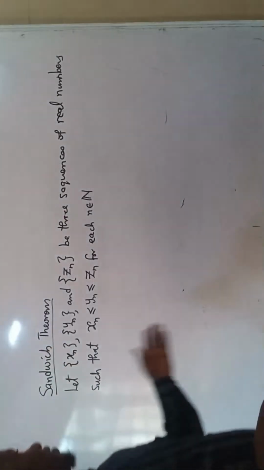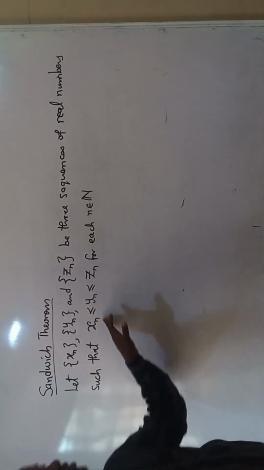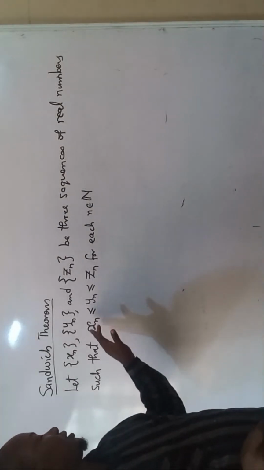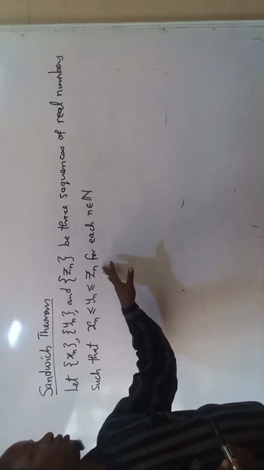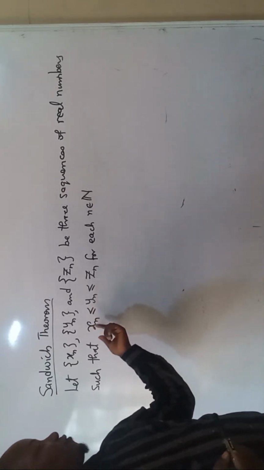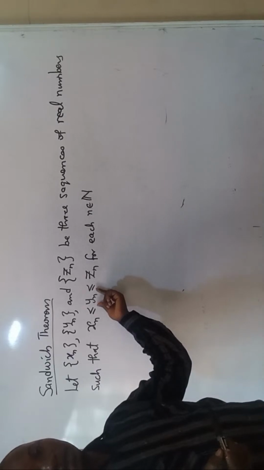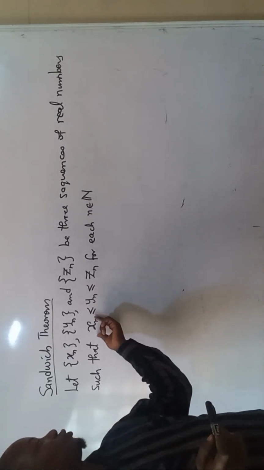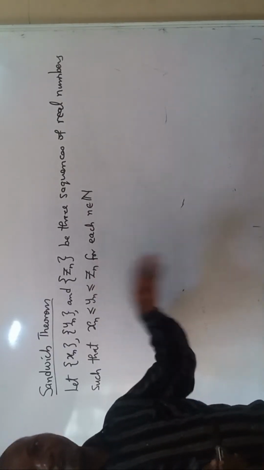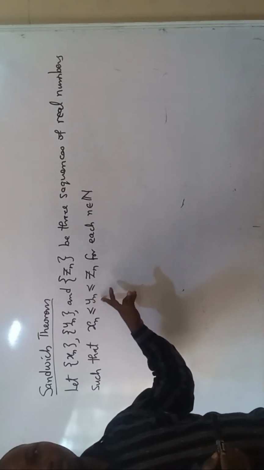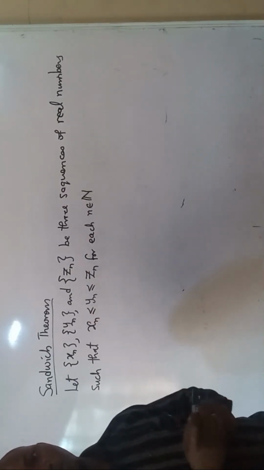What you are saying is that if you are given three sequences and they are related by this order, xn is like a lower bound of yn, and yn is like a lower bound of zn. If there is information about the outer sequences and we do not have any information about the middle one, then if the sequences xn and zn converge, without any information on the middle sequence, the middle sequence by this relation will also be convergent.